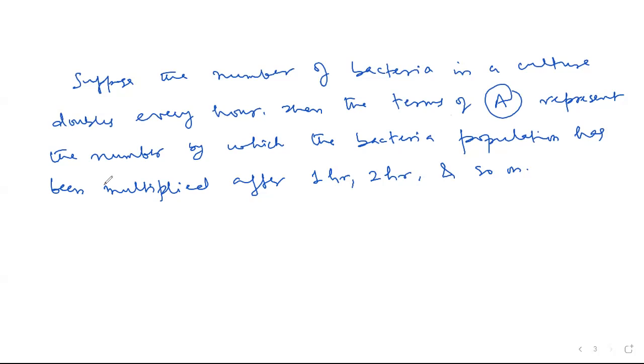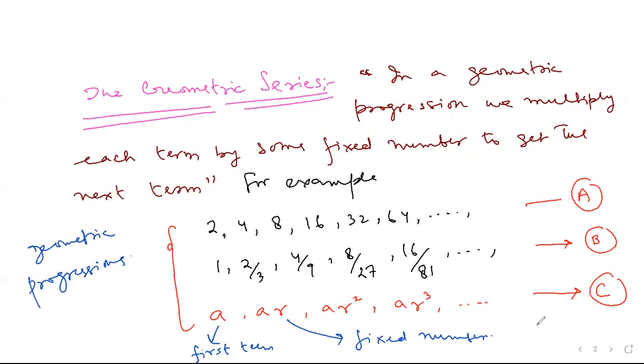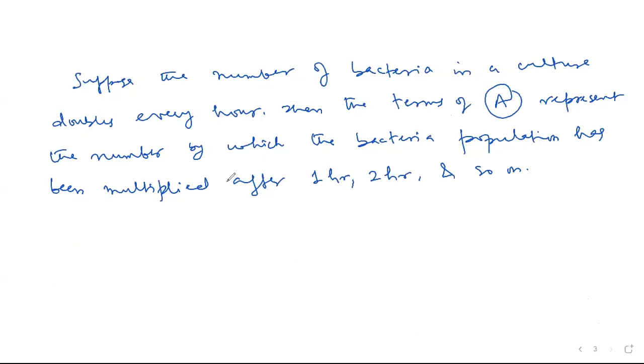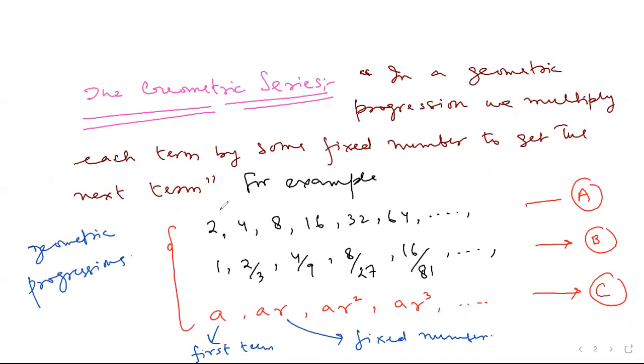Then the terms of 1, that is A, first geometric progression, represent the number by which the bacteria population has been multiplied after 1 hour, 2 hours, then 3 hours, and so on. You can see if it doubles every hour, then the first entry is the number after first hour, because it will be twice the number started with, that is 1.